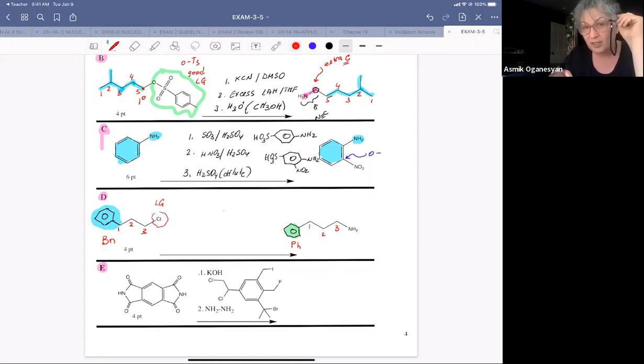I know that I'm not going to just add an amino group to it because I will have polyalkylation. I also know that this particular reaction set, sodium azide and THF, will give me an SN2 type of reaction.